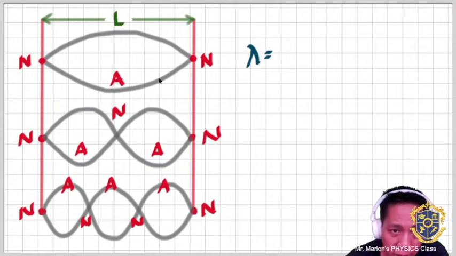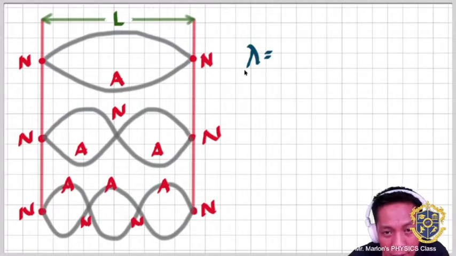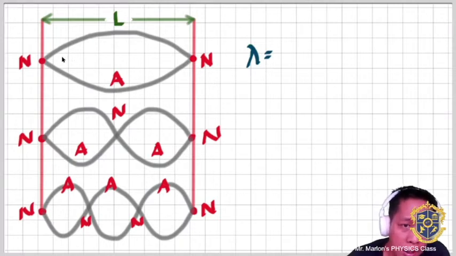Another idea that you can get from this kind of stationary wave, if you were able to produce a stationary wave, is that we can easily calculate from there the wavelength, the one represented by the symbol lambda. As you can see in this first diagram here, one complete wave, if there was no barrier here, should be somewhere around here.